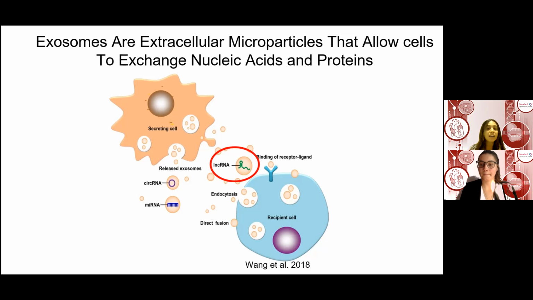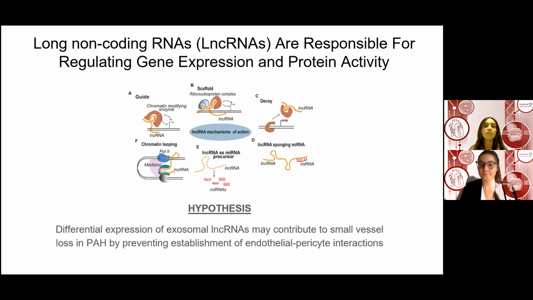With this in mind, we wanted to determine if these exosomal lncRNA cargoes from endothelial cells and from pericytes of patients with PAH play a role in this endothelial-pericyte interaction and this long vascular function.